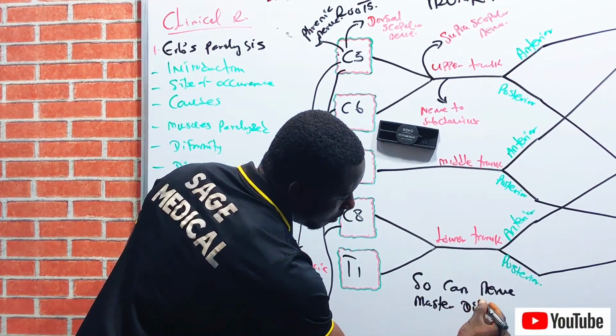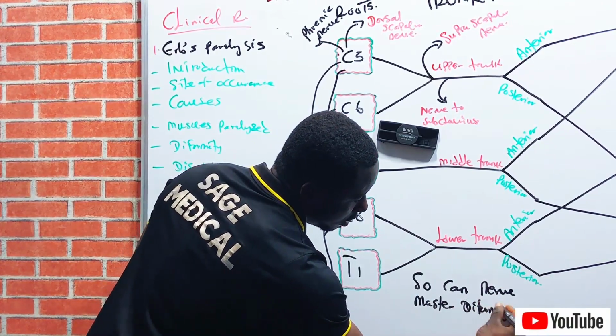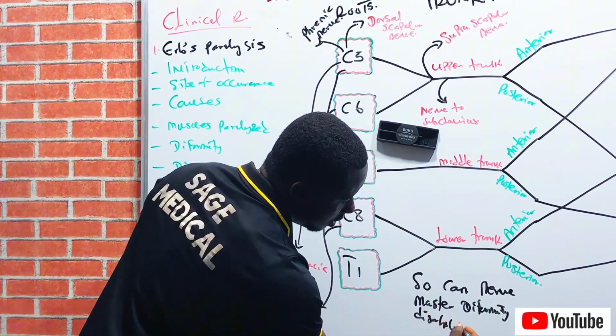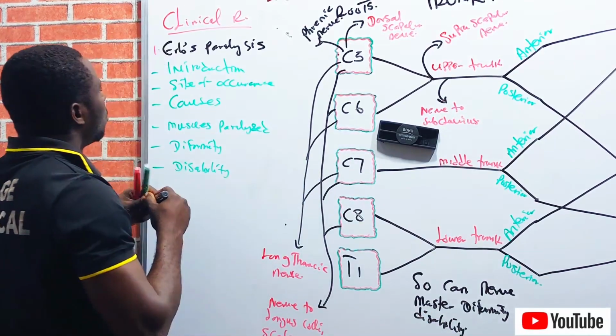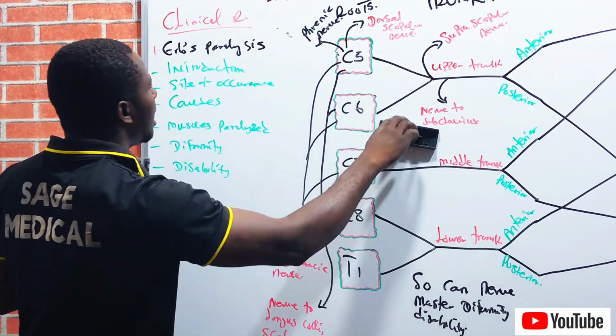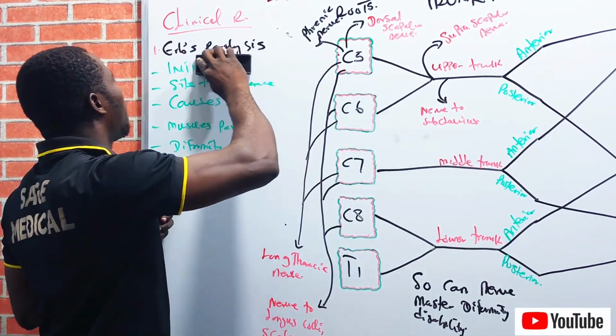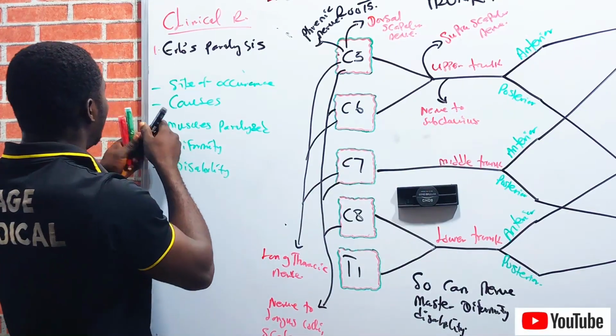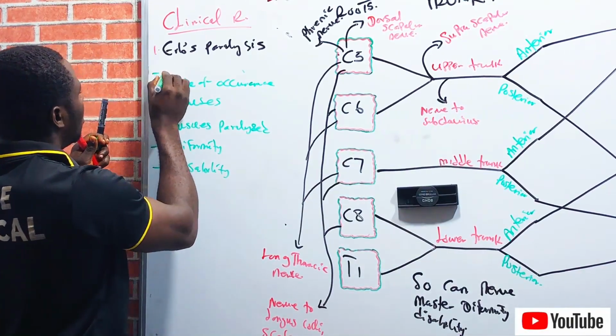So that means we omitted one outline here, which is nerve involved, or the nerve root per se.